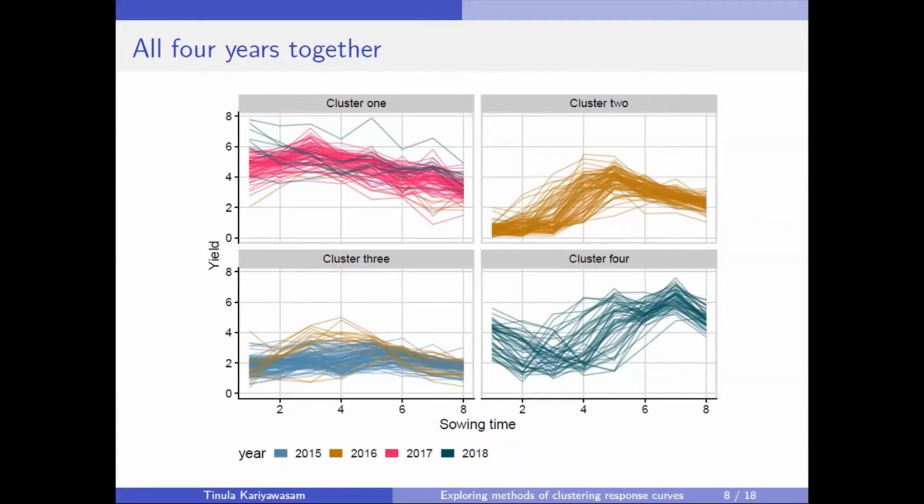So as you can see, each year is quite different in its responses. So 2015 is in cluster 3, and there are a few 2016 in cluster 3 as well, but we can confidently say this means that perhaps taking a full 4-year approach is not the best way to separate our varieties based on their yield responses.